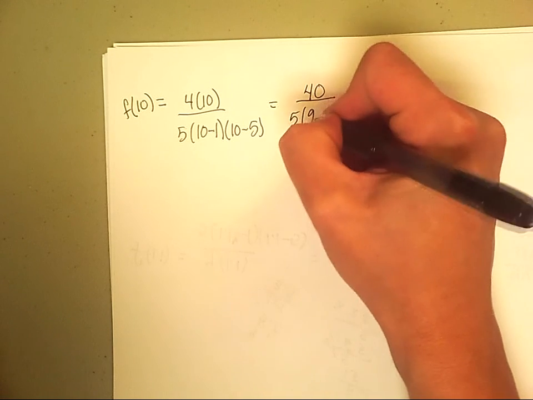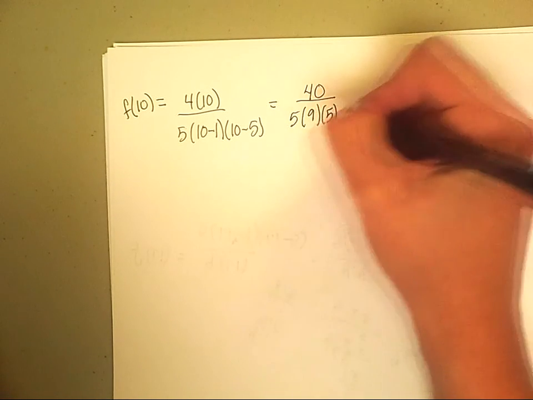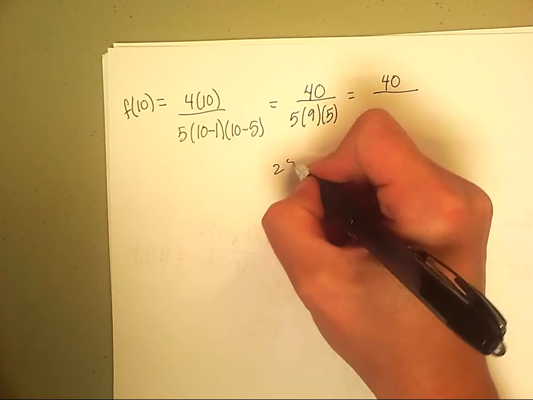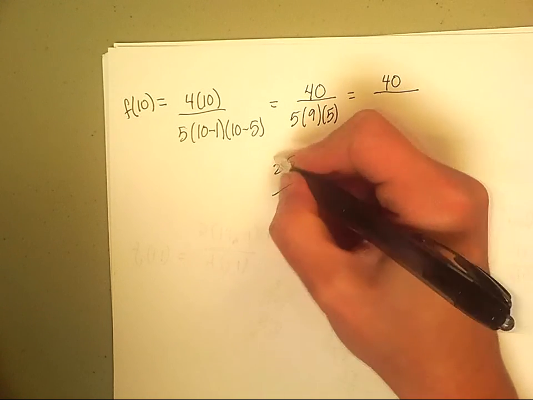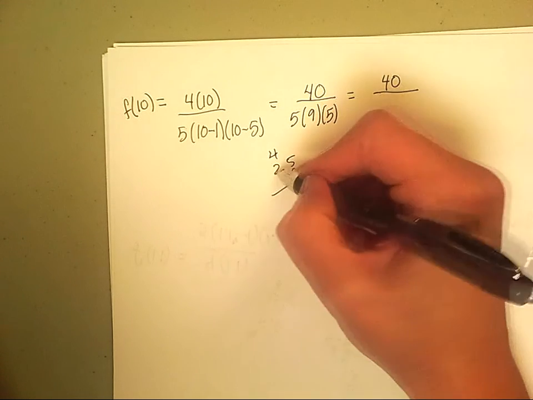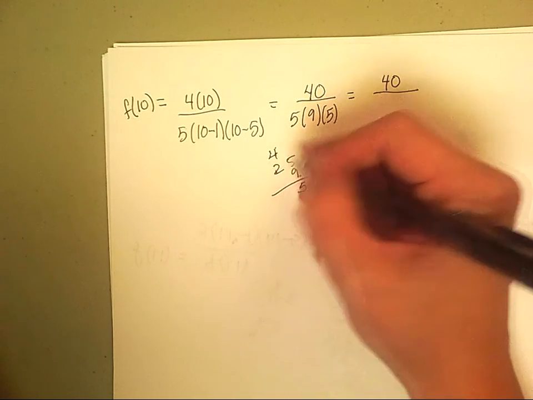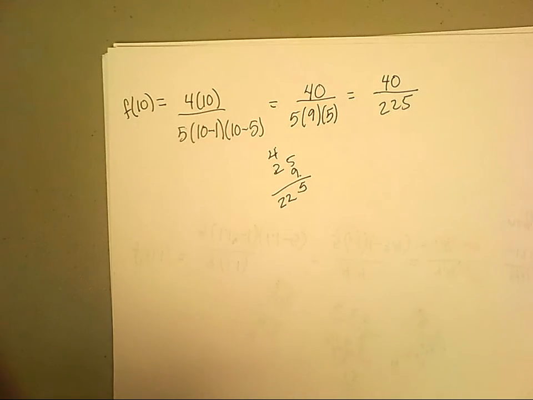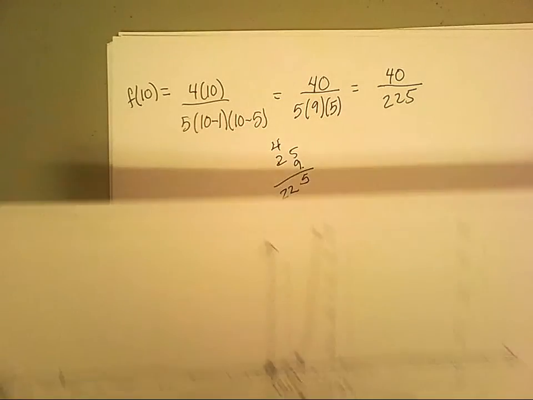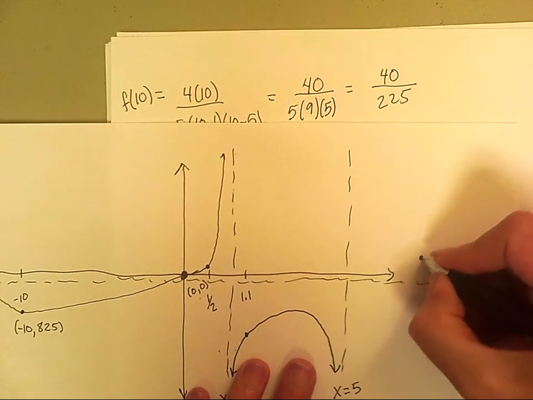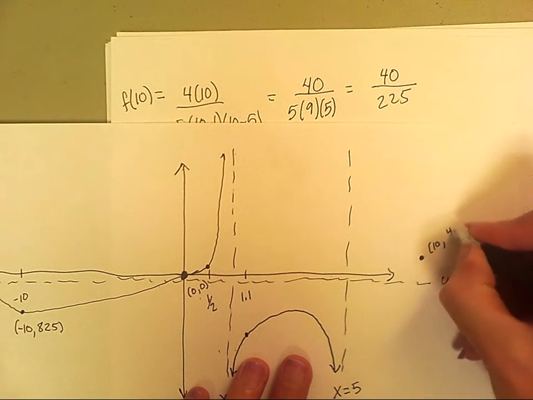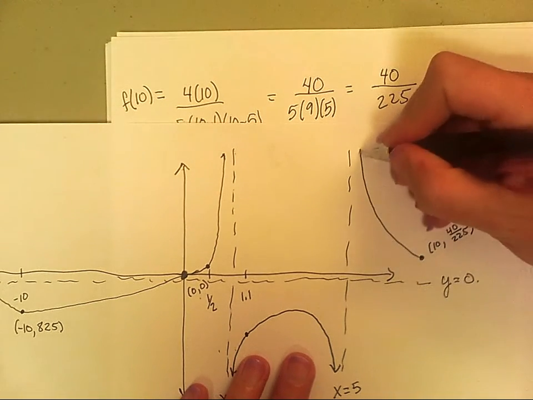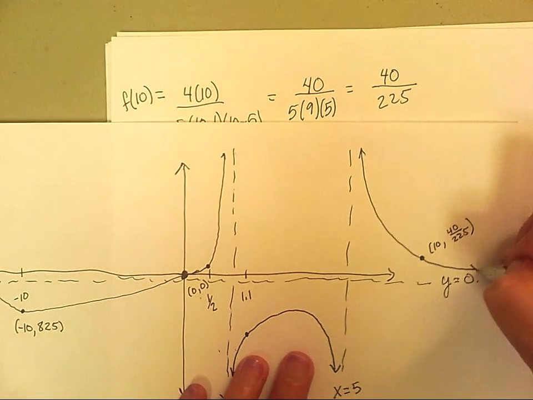That's 40 over 5 times 9 times 5, which is 40 over 225. And that's positive. So from there we'll infer that at this point, 10 comma 40 over 225, it's okay that I didn't reduce there, the graph will look like so.